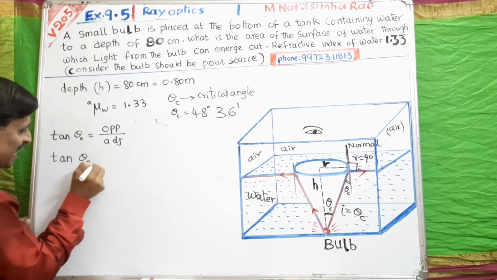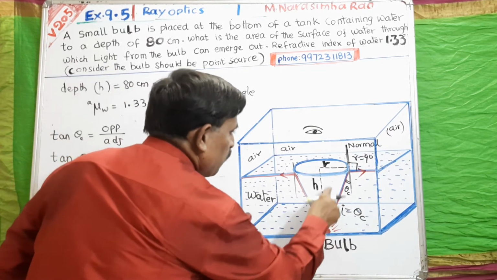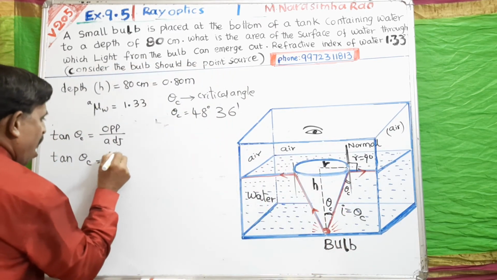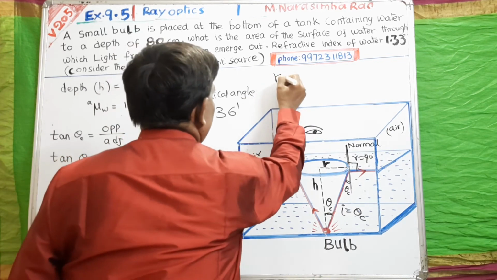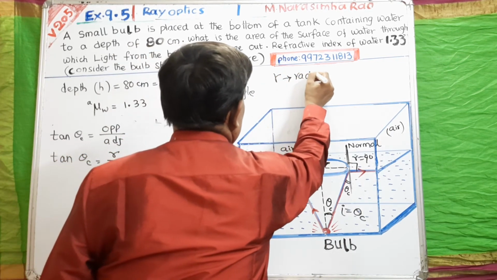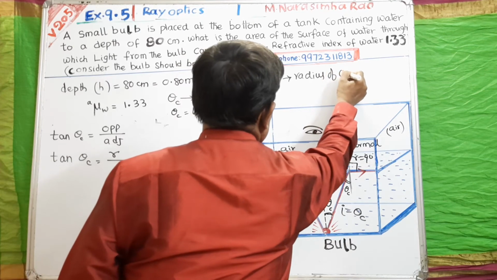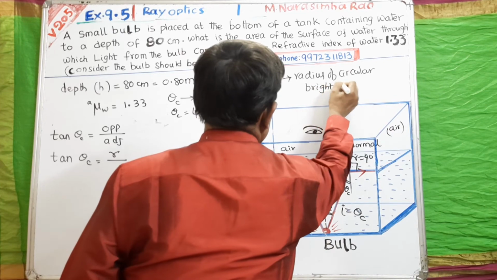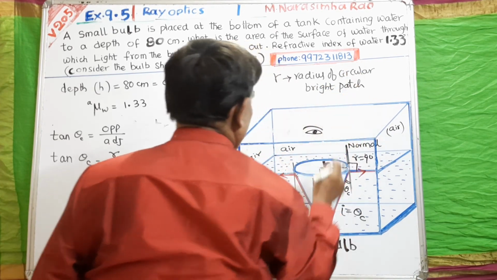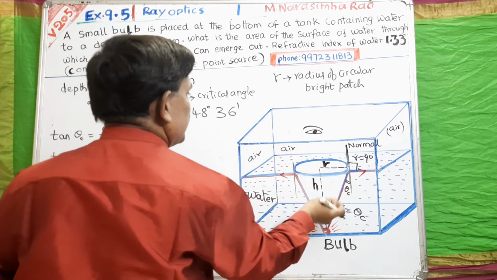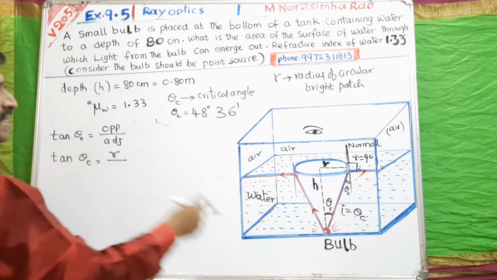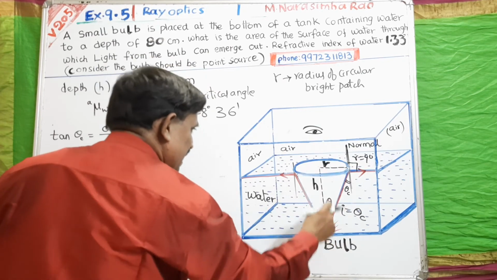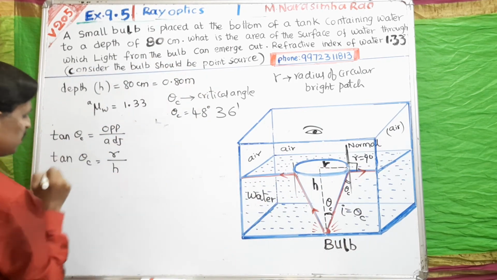The side opposite to theta c is nothing but the radius of the circular bright patch, R. Inside, the light ray is emerging outside. The adjacent side for this theta is nothing but the depth, H.